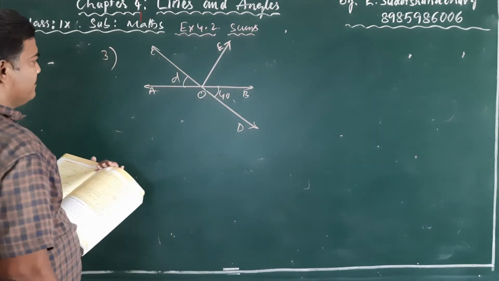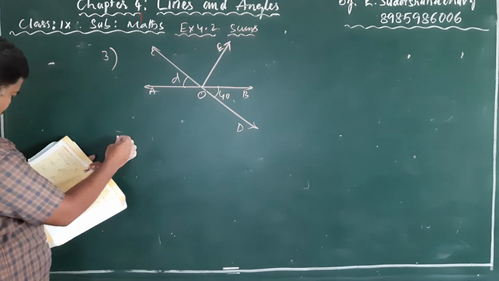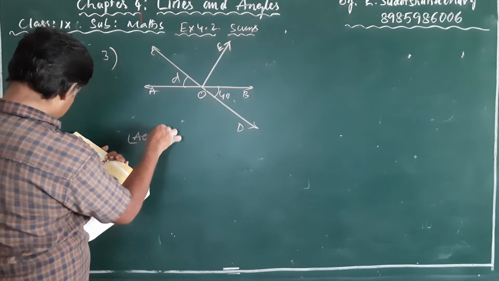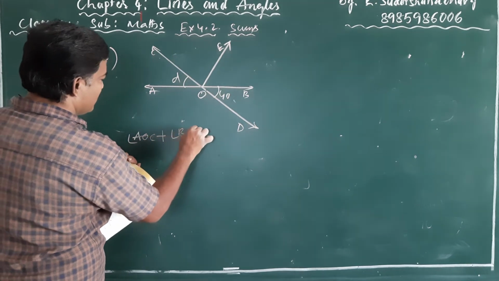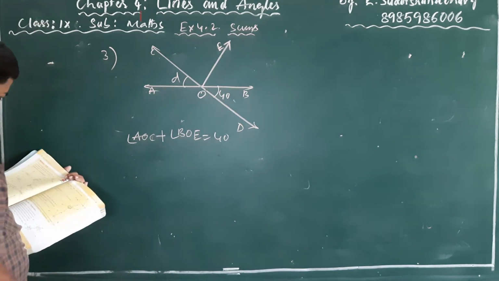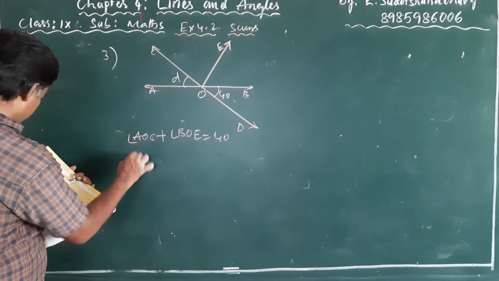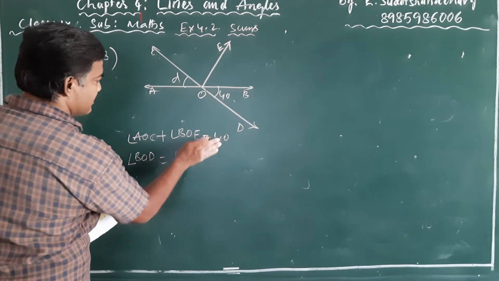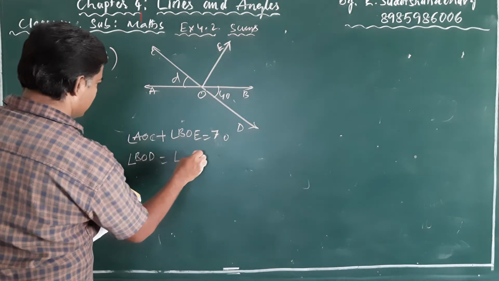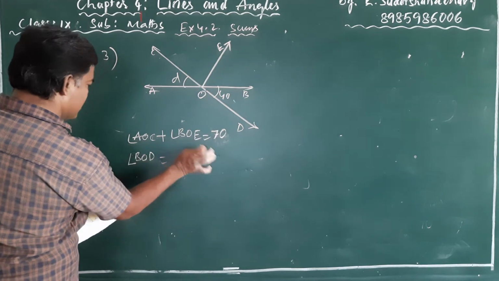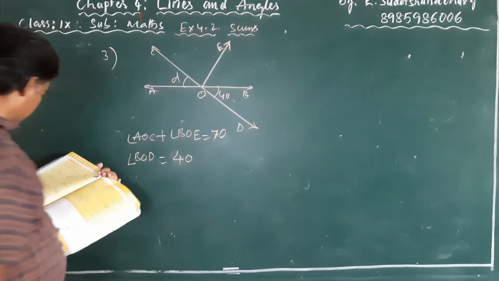Now in the question, what is given? Angle AOC plus angle BOE is equal to 70, sorry, this is 70 degrees. Next, angle BOD is equal to 40 degrees is given.